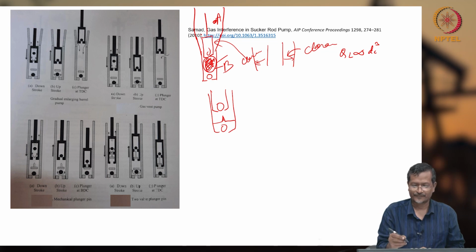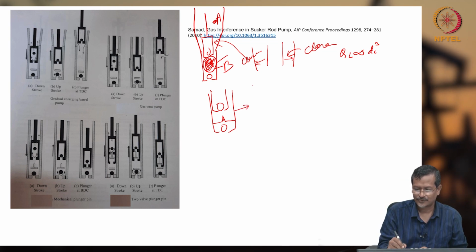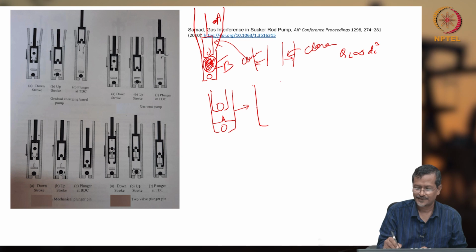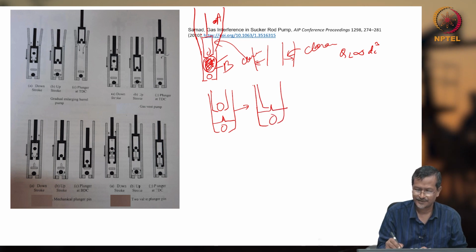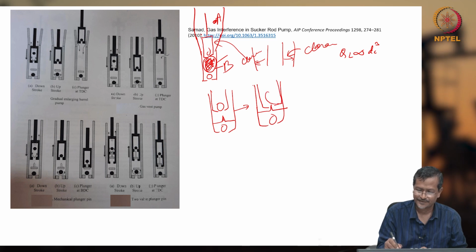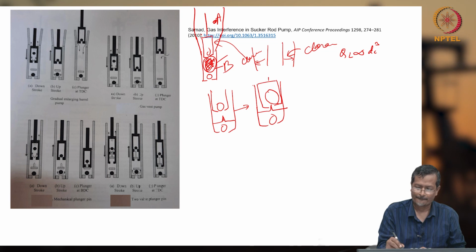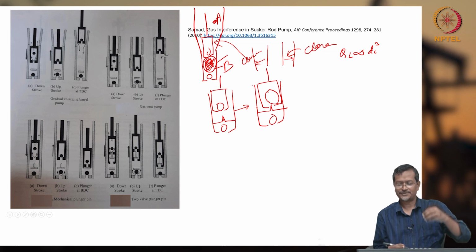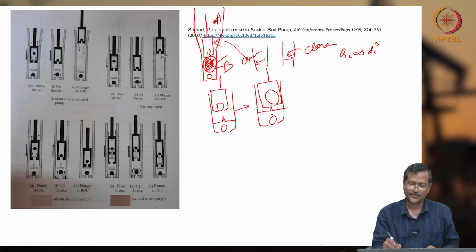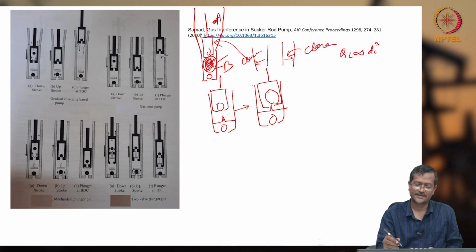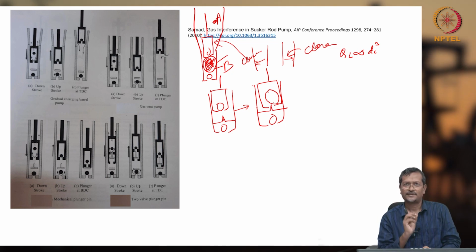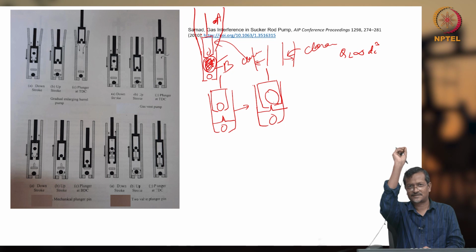I'll draw another figure here. Let's say this is the condition. When the plunger is at the bottommost position, you can see because of this pin, the ball is shifted or lifted up, and because of that lifting, all the gas will find a path and go up.